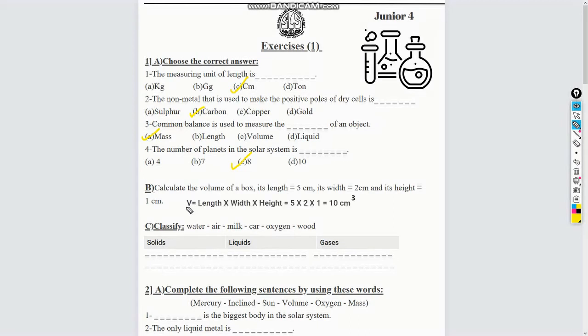So, the answer is volume is equal to length times width times height, which is equal to 5 times 2 times 1 equal 10. Please don't forget to write the rule, which is length times width times height, and the unit at the end.